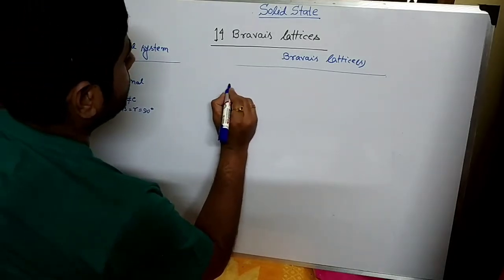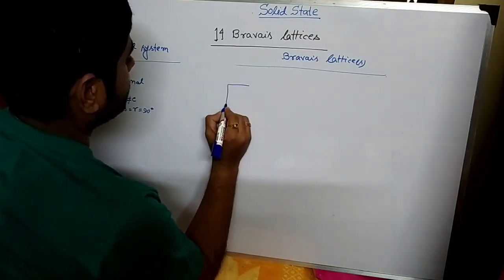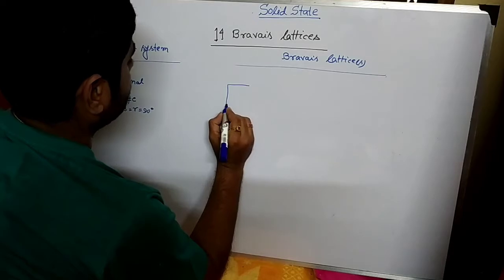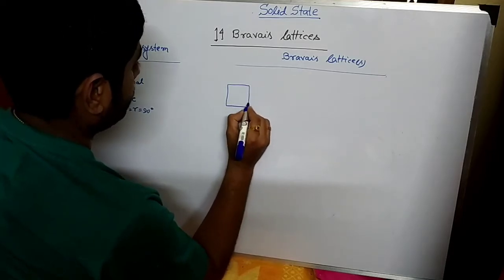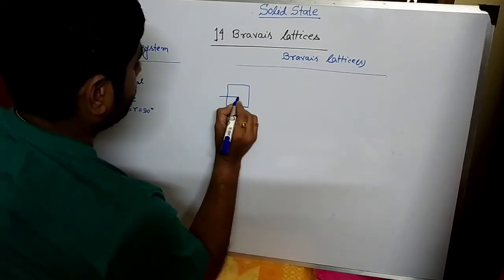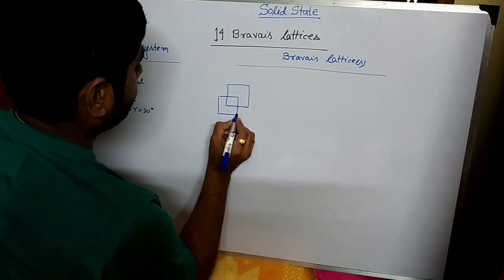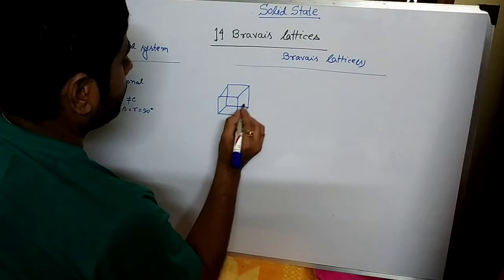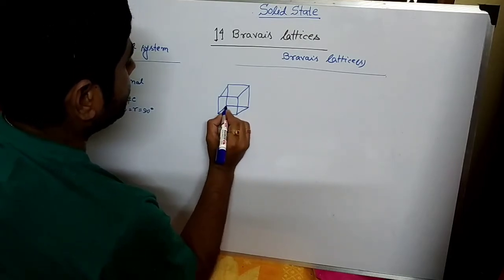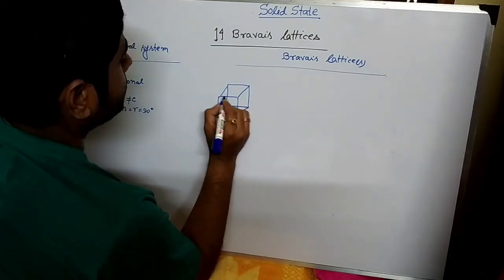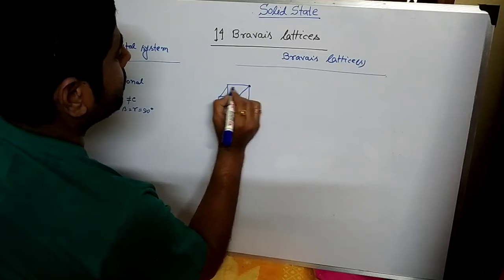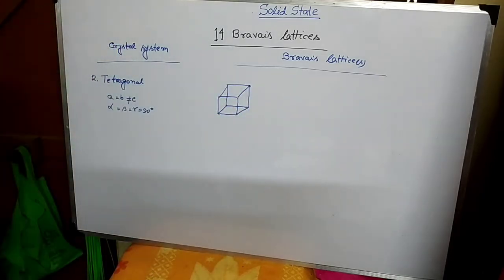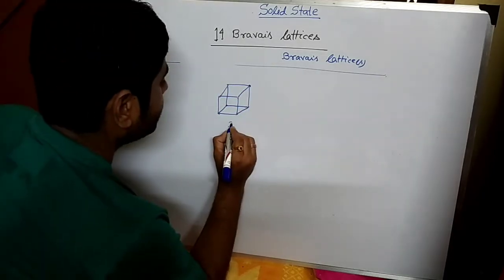So here what are the types? Primitive, one type is primitive. Each corner is containing one lattice point. So that is primitive.